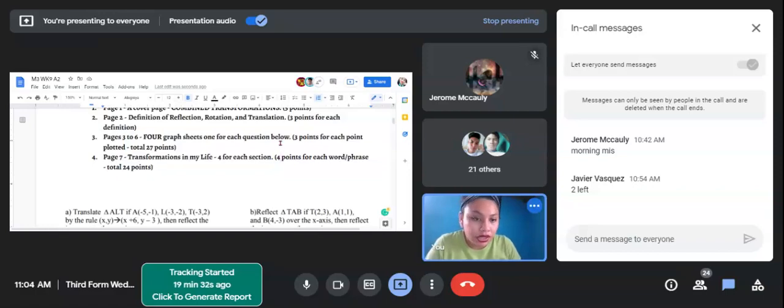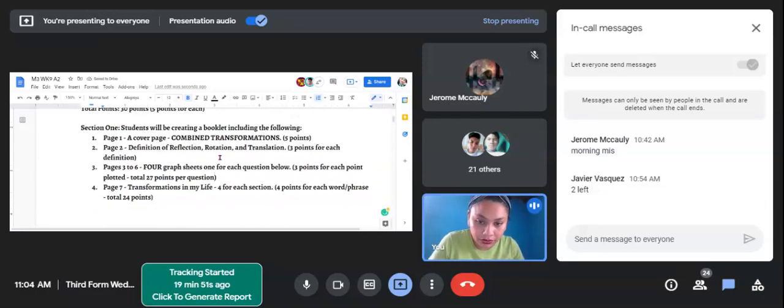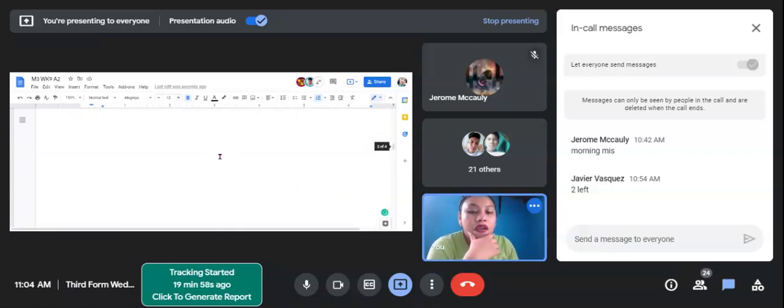And then that will be it. 3 points for each point plotted for each question. It is 27 points per question, right? And then I will just be fixing the points for this one. Does anybody have any questions?